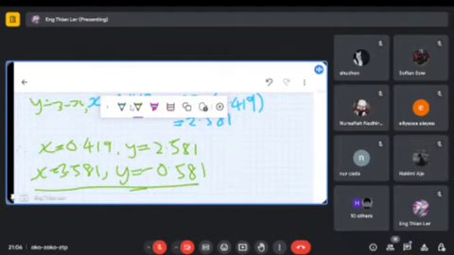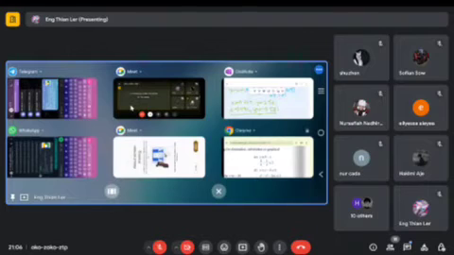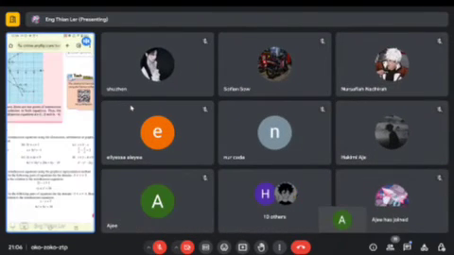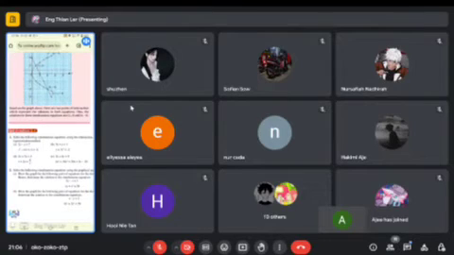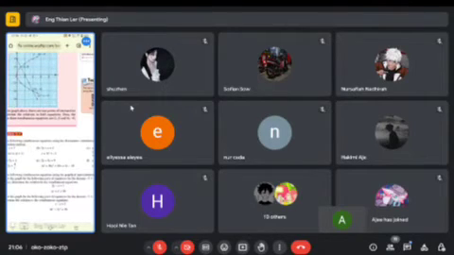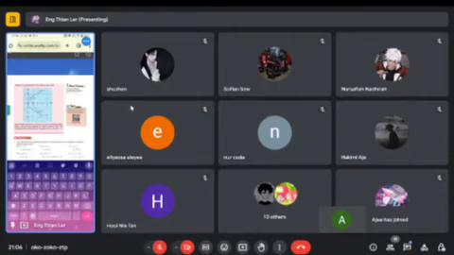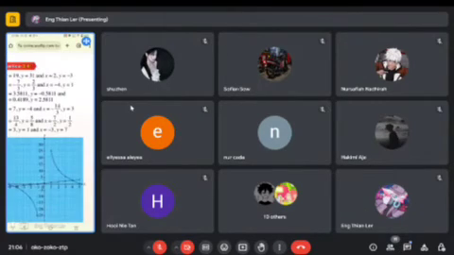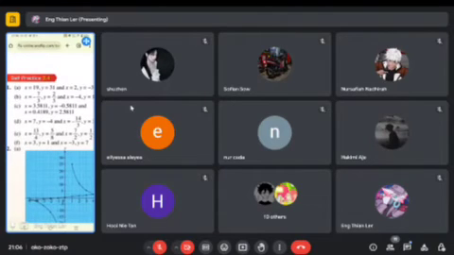So let's check the answer. This is self-practice 2.4C. Yes. So x equal to 3.581.